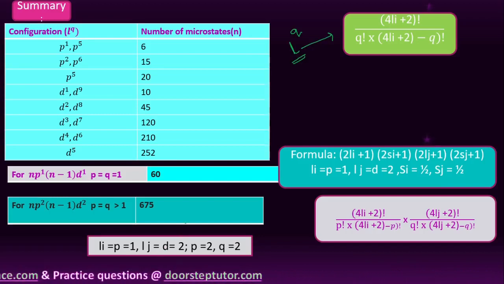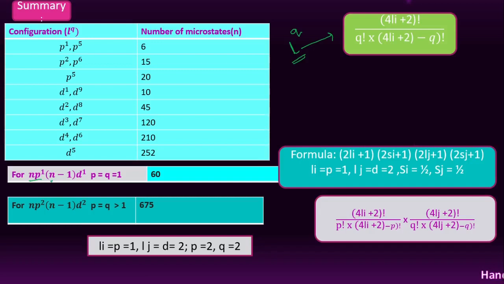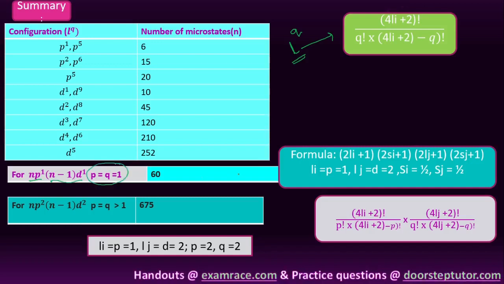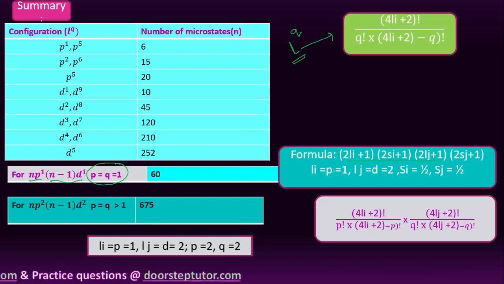Generally, this is the second type: the configuration with np1 (n-1)d1. Here the condition is that p and q both configurations have the same number of electrons. So we substitute the formula 2li plus 1 here. You can substitute all the values, then it gives the number of microstates as 60, right.